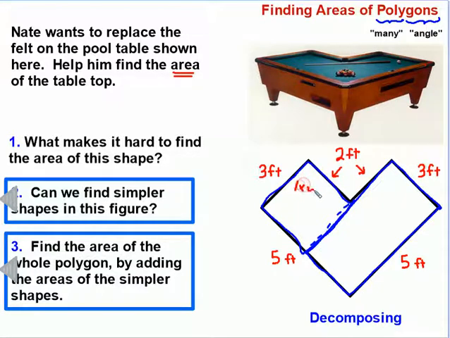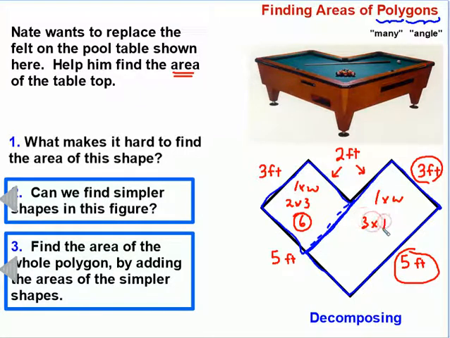So 2 times 3 is 6. And over here, the same thing, length times width, 3 times 5, which means 15. Now we simply add those areas together. 15 plus 6 gives me 21, and that gives me 21 feet squared for my area.